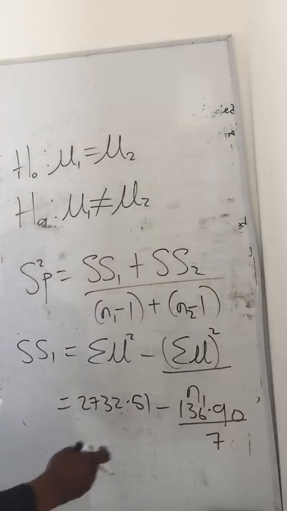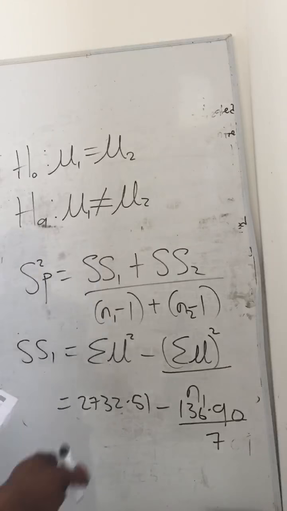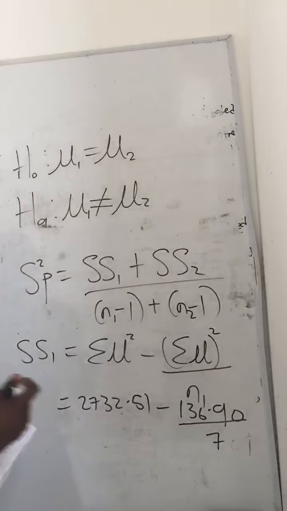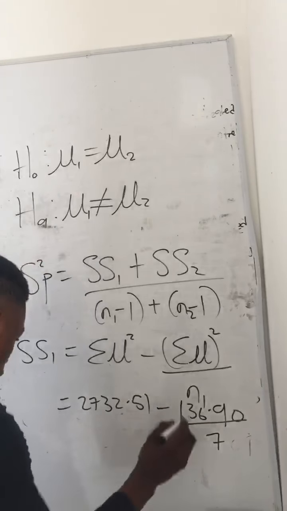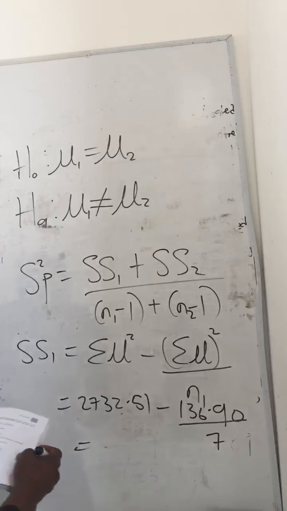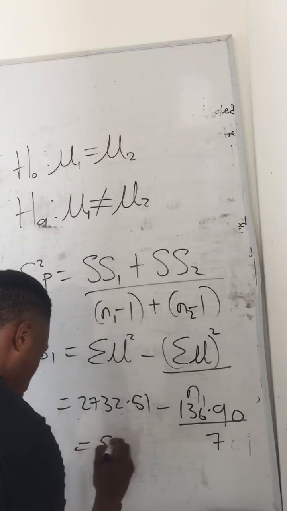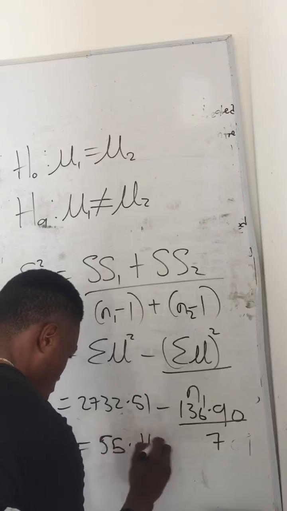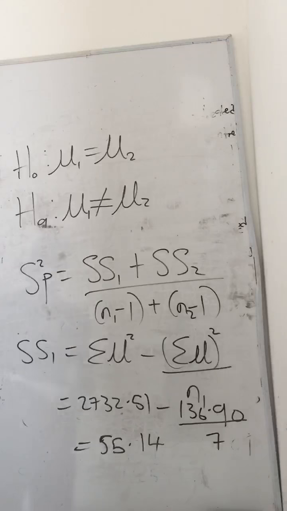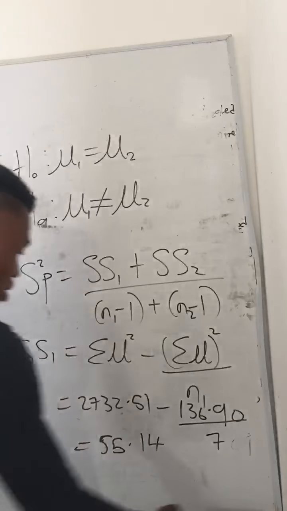Remember, you can use a calculator to find this. The n1 for the first treatment, treatment A, the number of observations there, is 7. So if you complete this, you obtain 55.14. So that's our SS1.